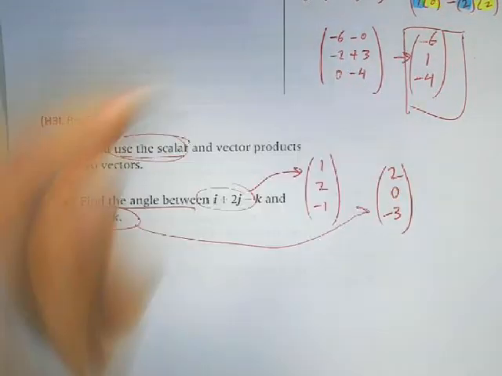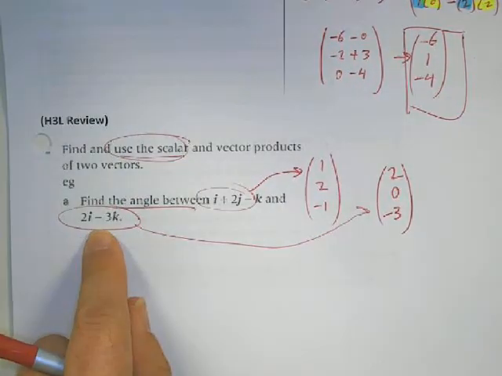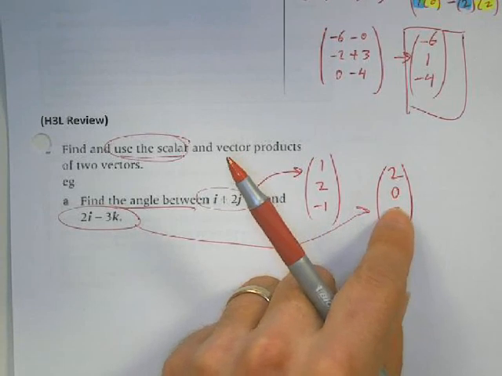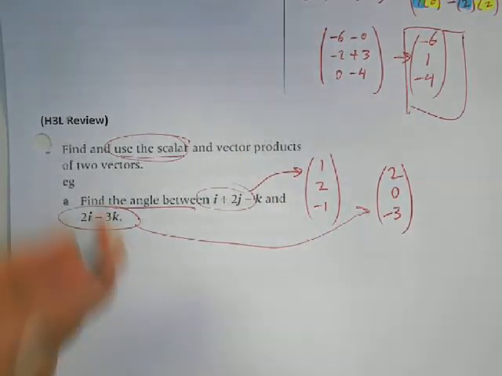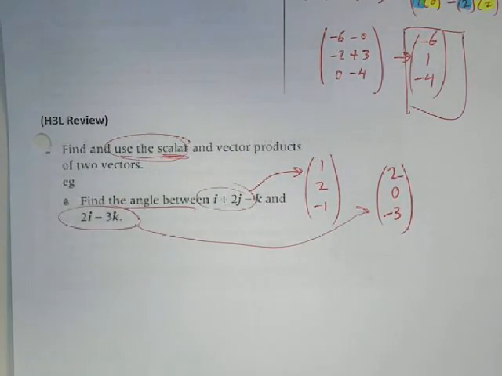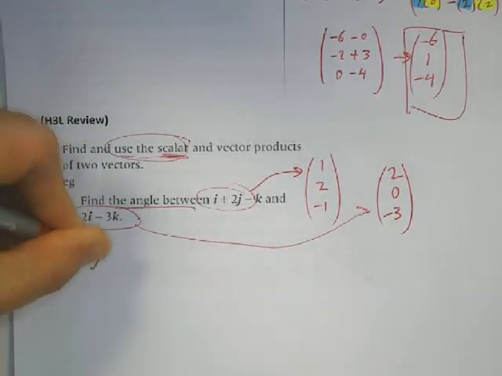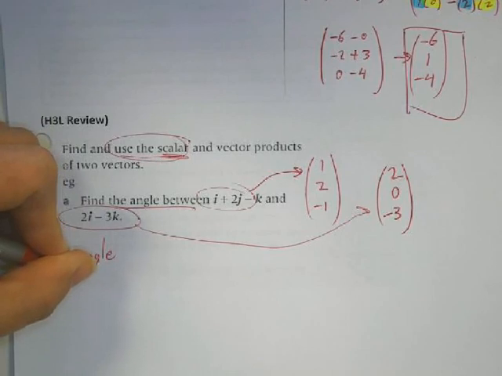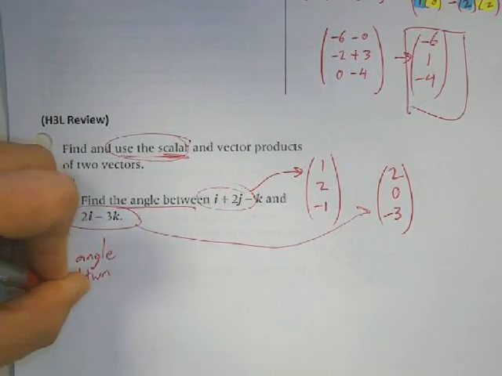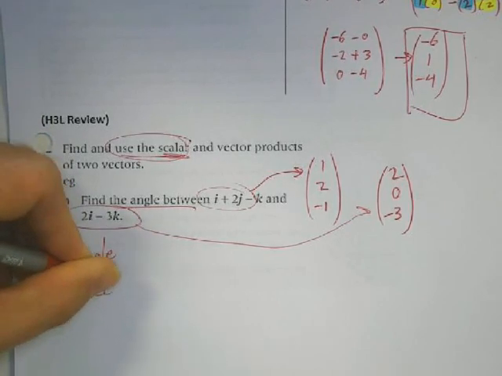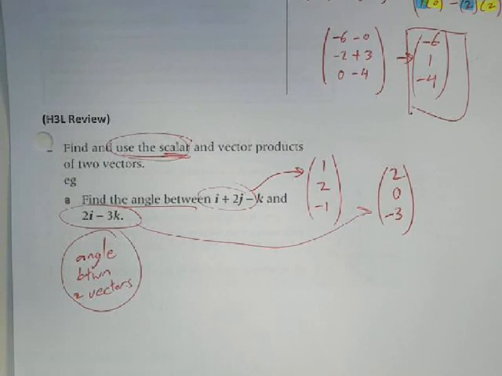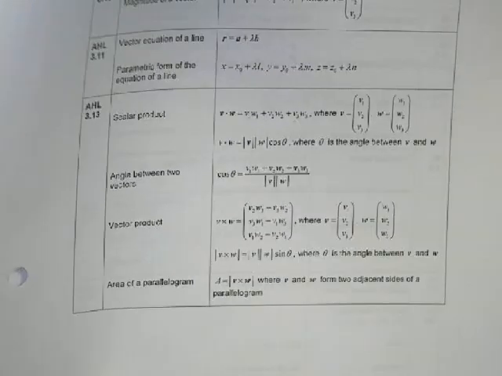Since there's no j written here, we know that that value is going to be 0. So to find the angle between two vectors, we use this formula here.